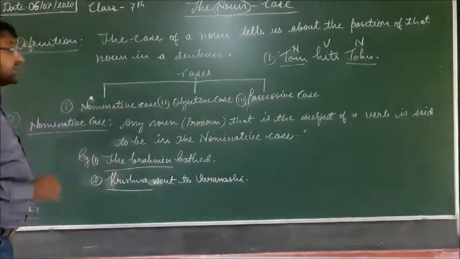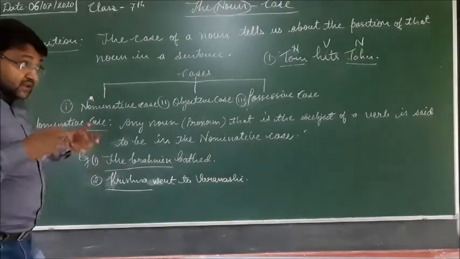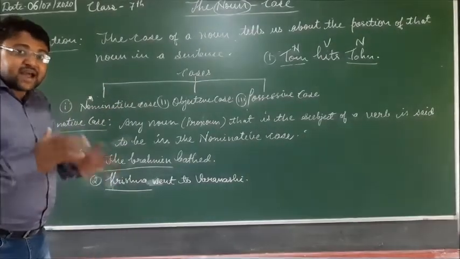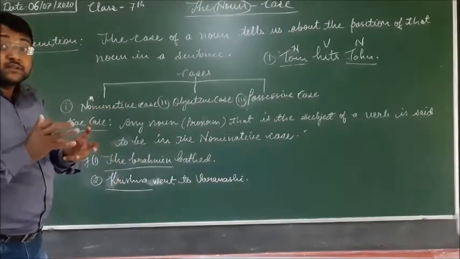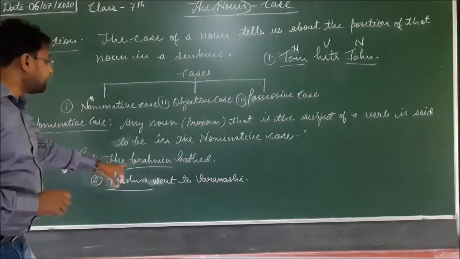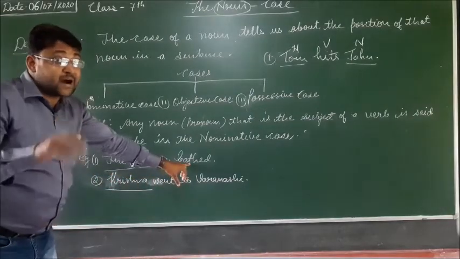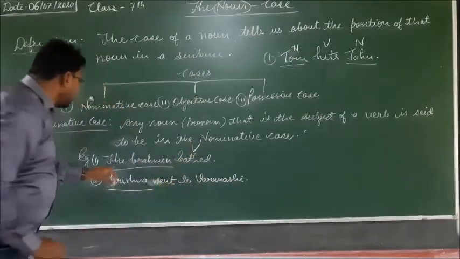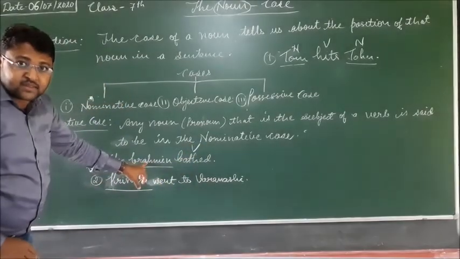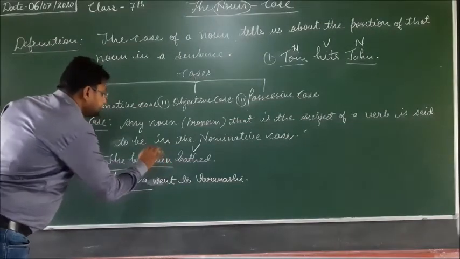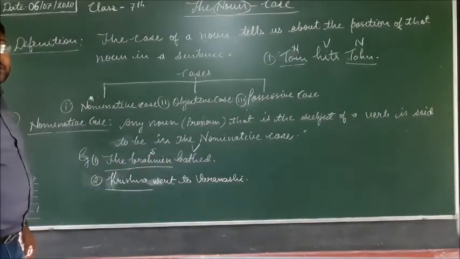If any noun comes as the subject of the sentence, that is the noun nominative case. Example: the Brahmin bathed. Who bathed? The Brahmin. Bathed is the verb and the Brahmin is the noun, so that is the subjective or nominative case.